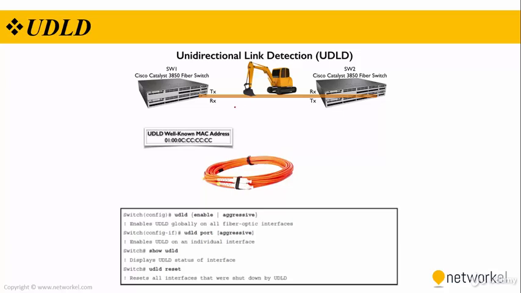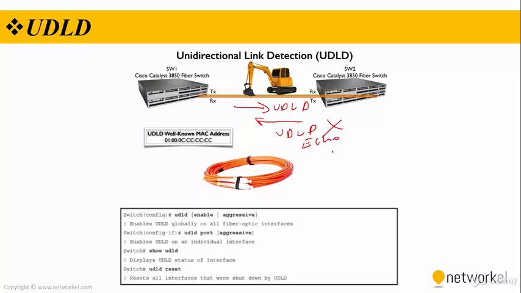They send UDLD and the other side is sending a UDLD echo back. If the answer to the UDLD packet does not return, UDLD detects that there's a problem on the link and takes action.